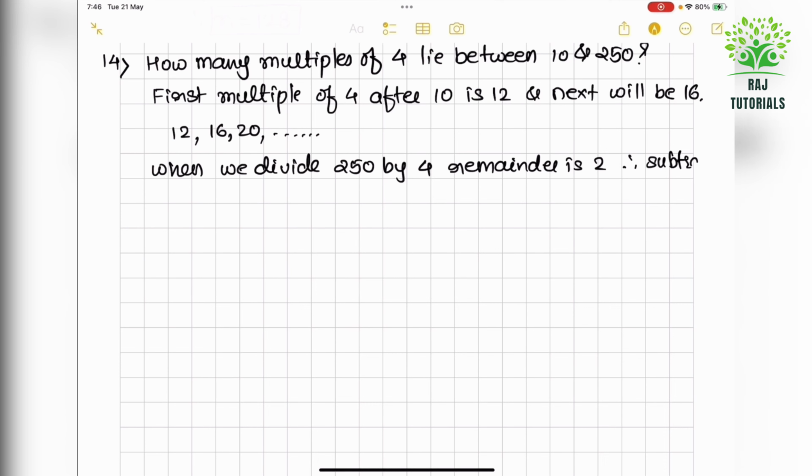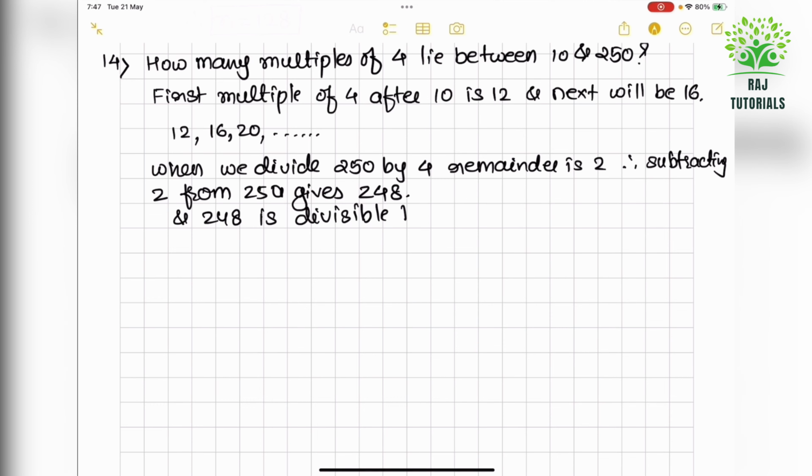Therefore subtracting 2 from 250 gives 248, and 248 is divisible by 4. So 12, 16, 20, and so on till 248 is the AP.